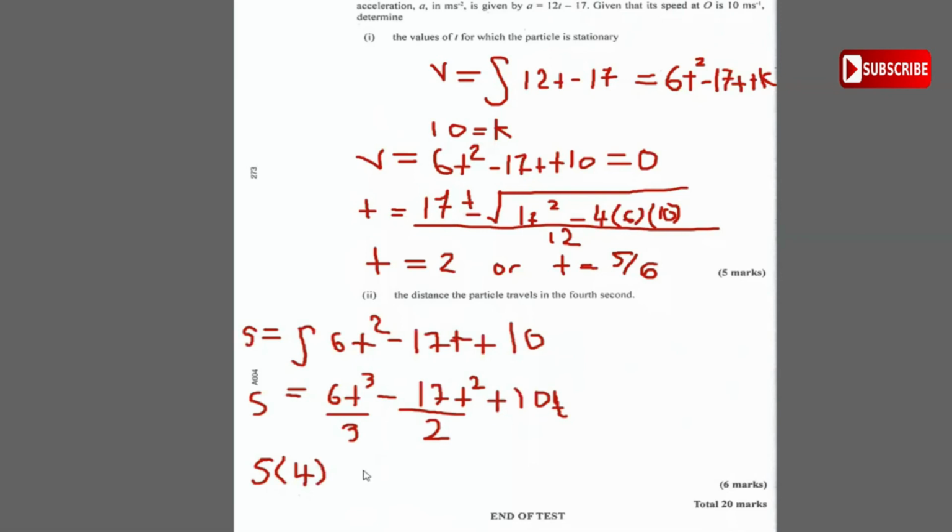Plug in t as 4, and we get 6 times 4 cubed over 3 minus 17 times 4 squared over 2 plus 10 times 4.